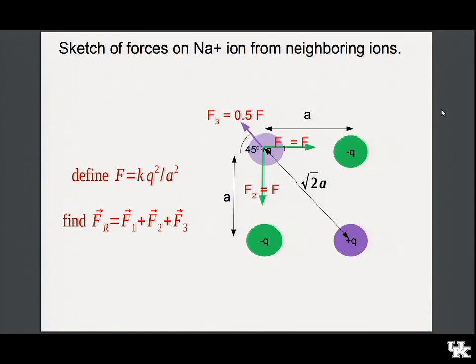That charge is experiencing three forces. There's a force of attraction to the charge below, a force of attraction to the charge on the right, and a force of repulsion from the charge over here, the opposite charge. So here I'm drawing three force arrows: attraction, attraction, repulsion.